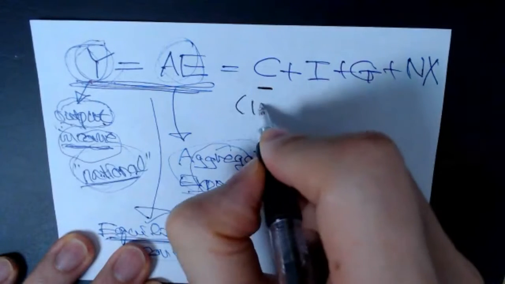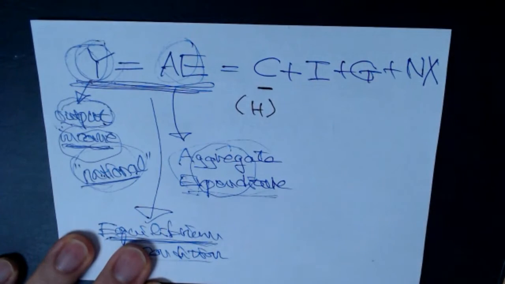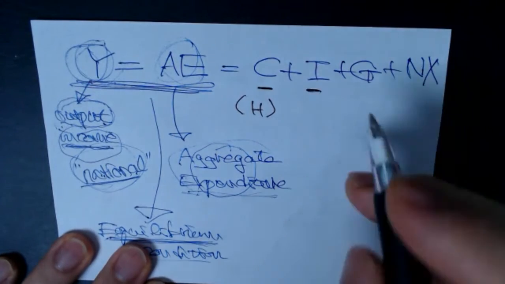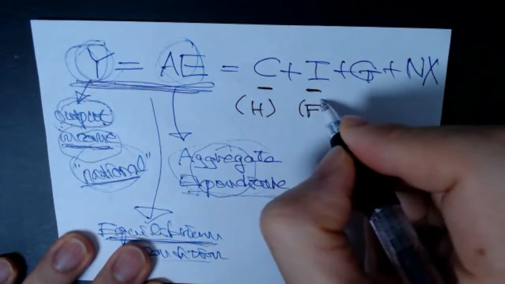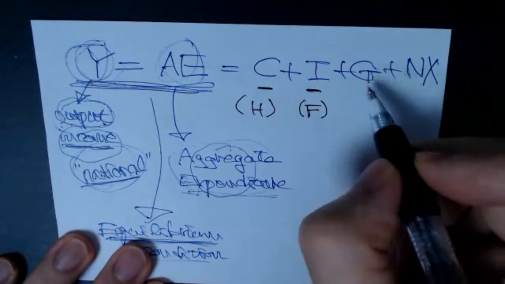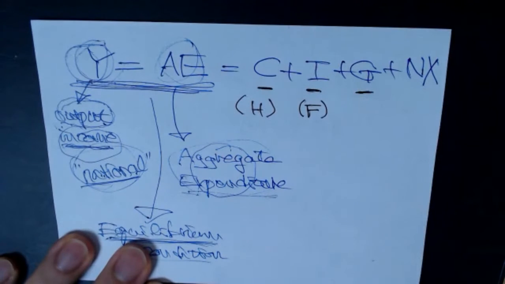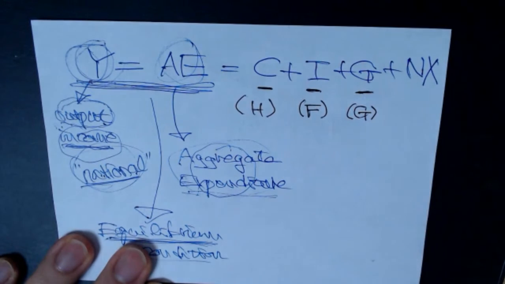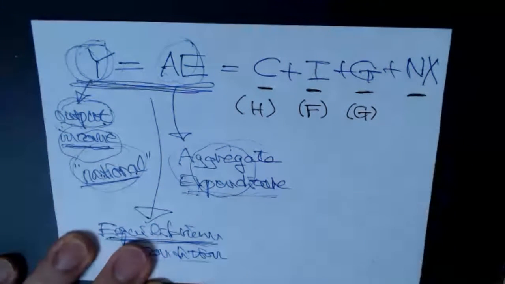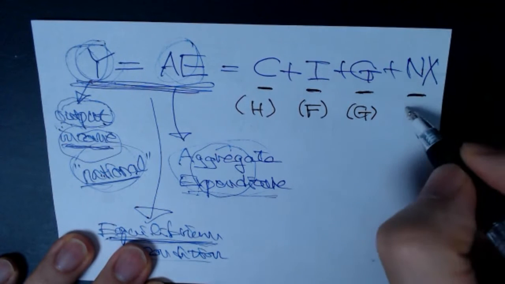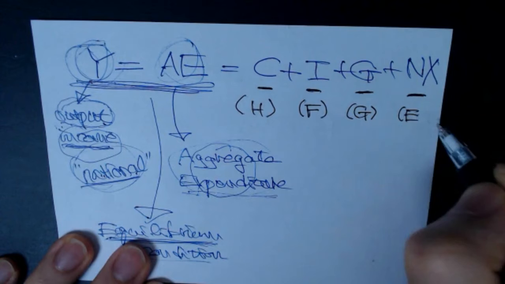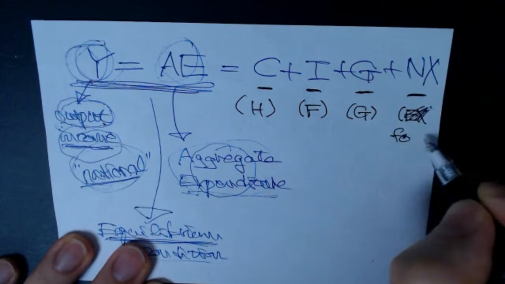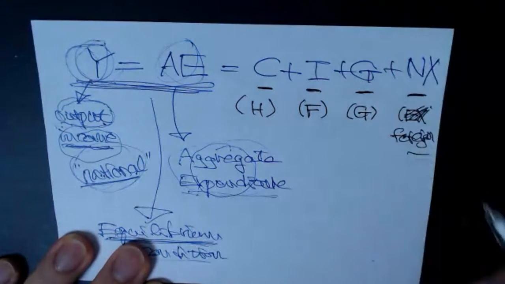This one is from households. The second group is called investment. This one is from firms. The third group is government expenditure, from the government. The fourth group is net export. This one is from the external sector. I choose NX.